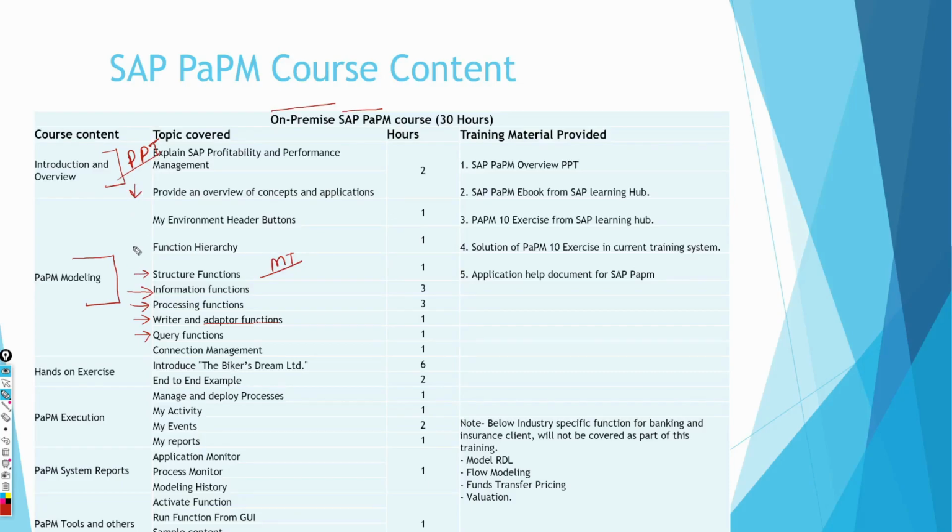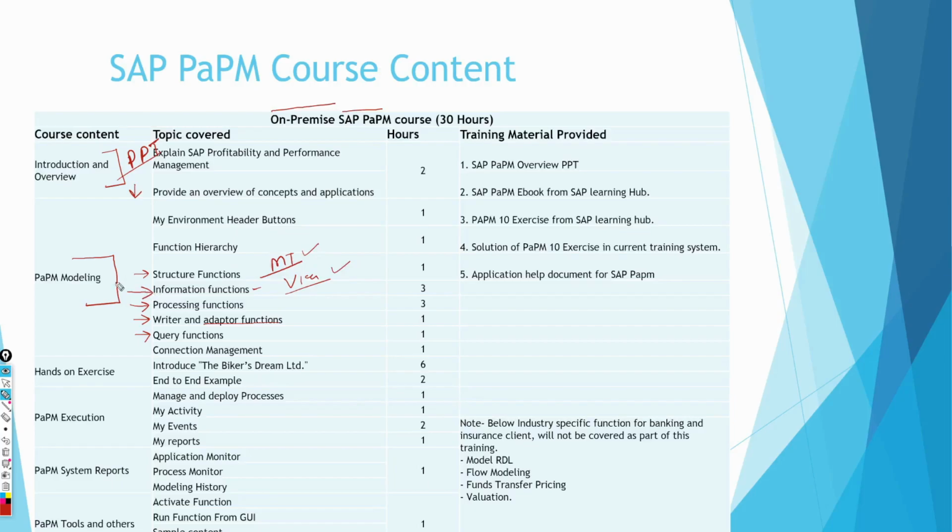Along with that, I will show you in system how to do that step by step. Let's say I will explain how to create a model table, and that will bring data into PAPM. Then we move to different functions. Let's say information function, I will show you how to create a view function. So first we'll see all the functions individually.